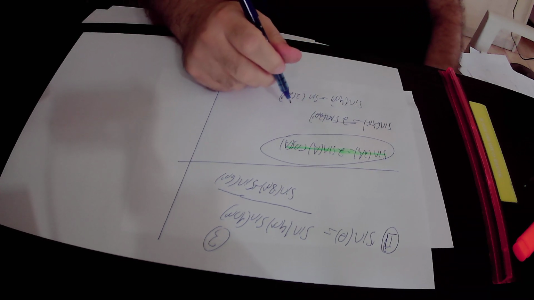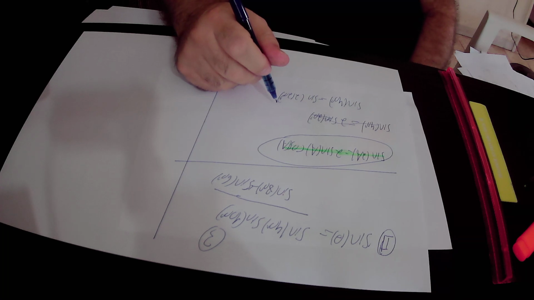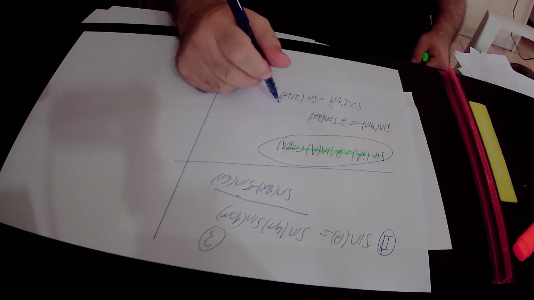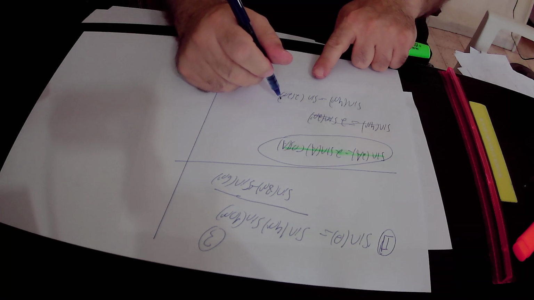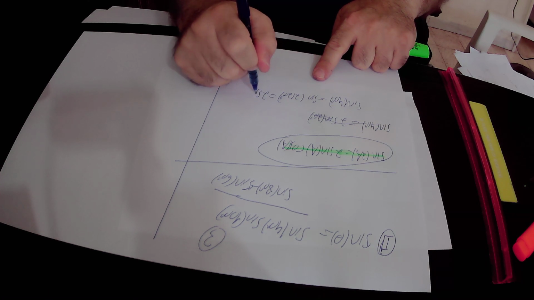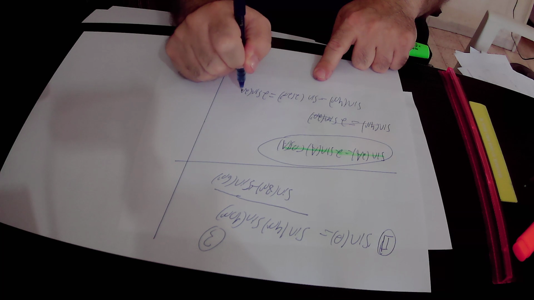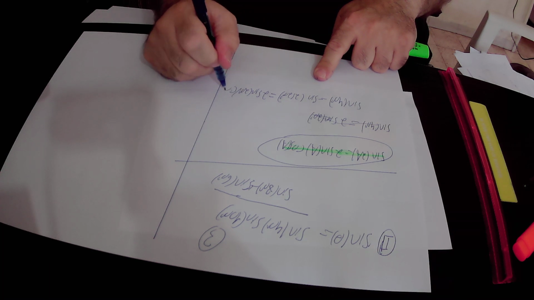And according to this identity, sine 2 times 20 degrees will be equal to 2 times sine 20 degrees times cosine 20 degrees.